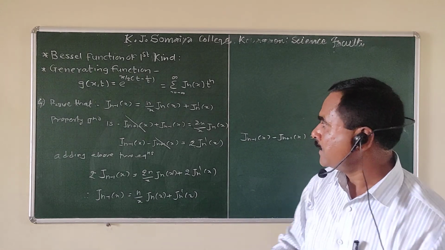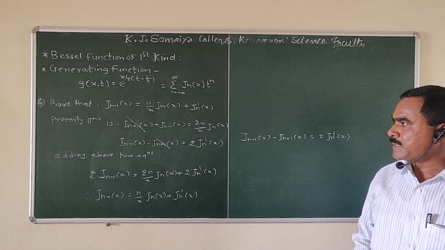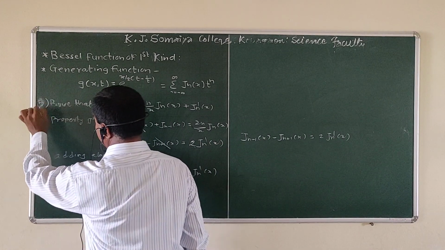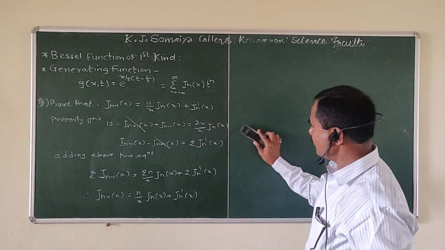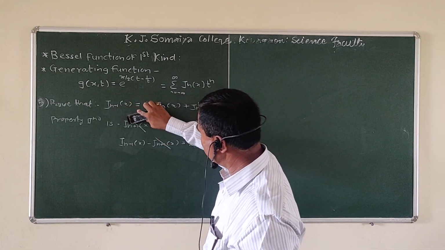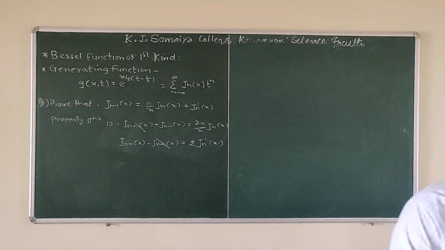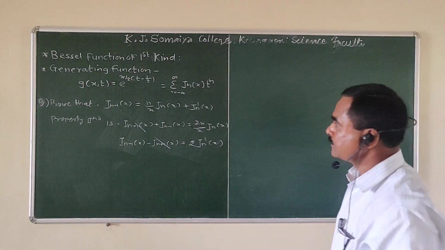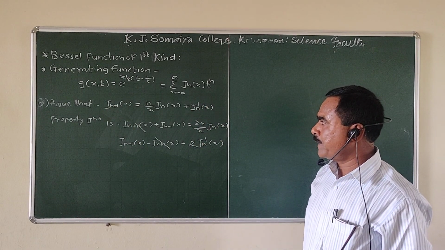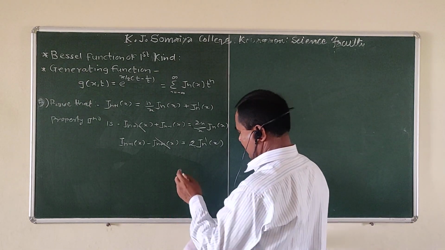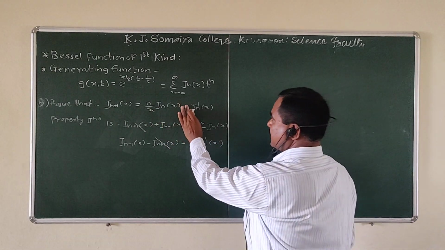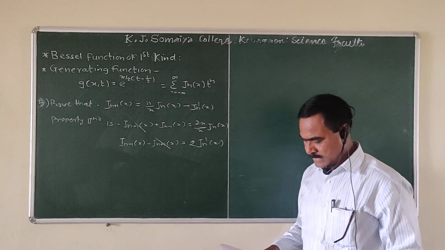Then in the next step we consider property number 5. Right here, property 5. So property 5 is, I will make a change here, J n plus 1 of x equal to n upon x J n x minus J n dash x.